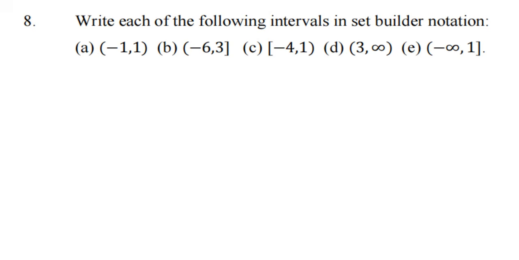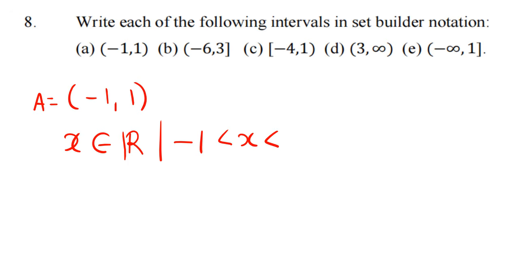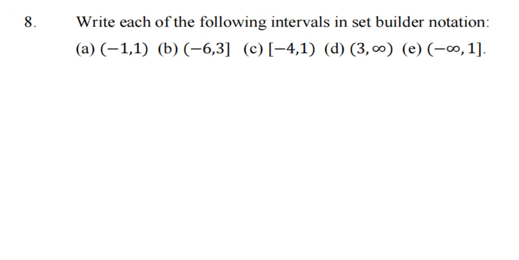Let's start with negative 1 and 1, that is A. In set builder notation, because negative 1 is not included and 1 is also not included, x will be a member of the real numbers, and x is greater than negative 1 but less than 1. So that is our set builder notation there.